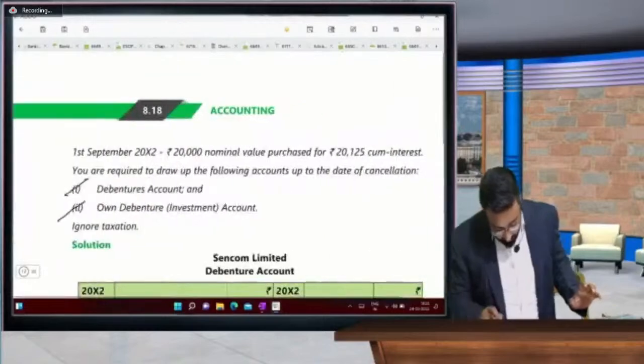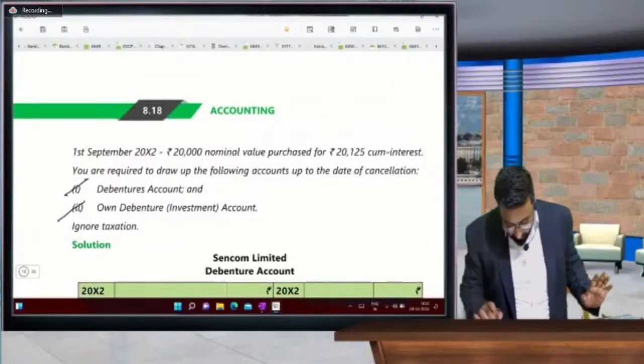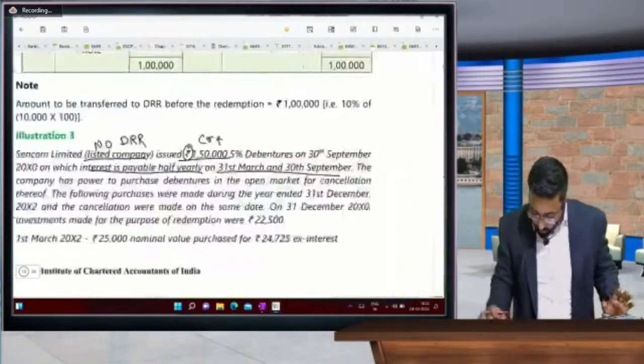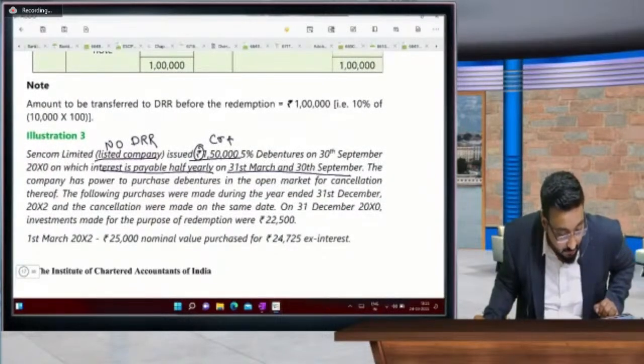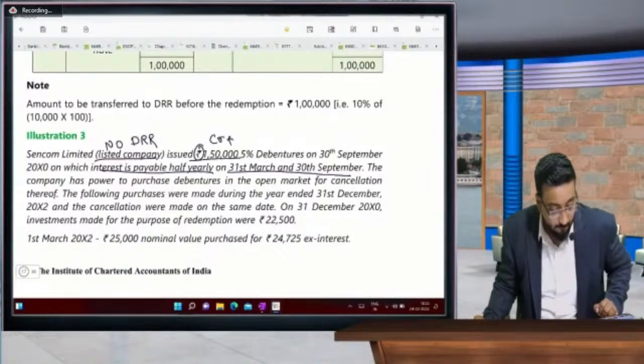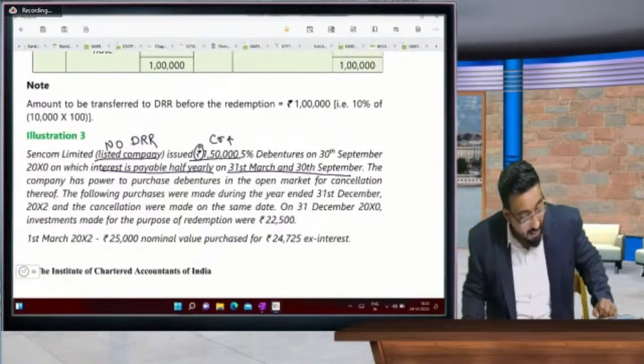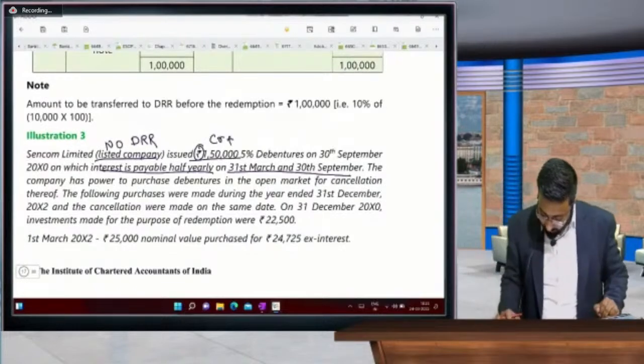Balance sheet date is very, very important in this question.